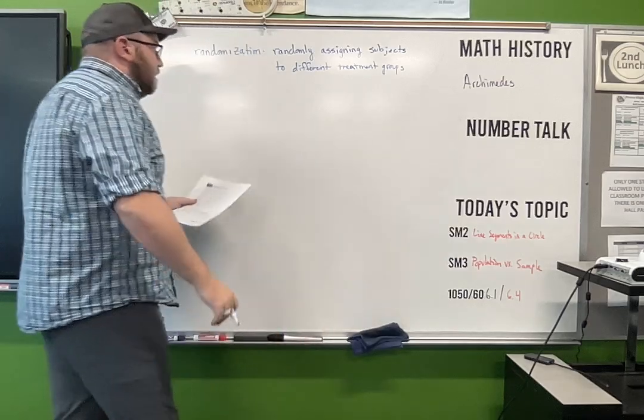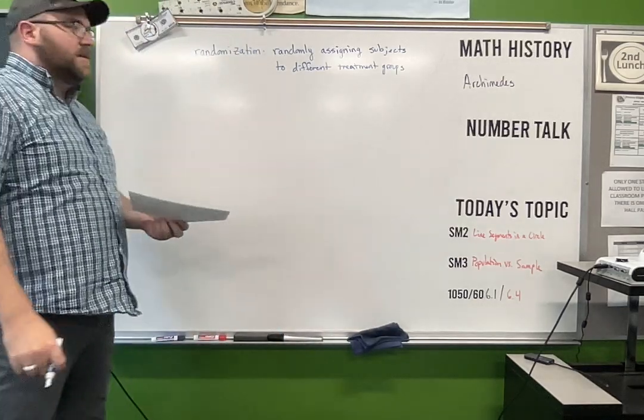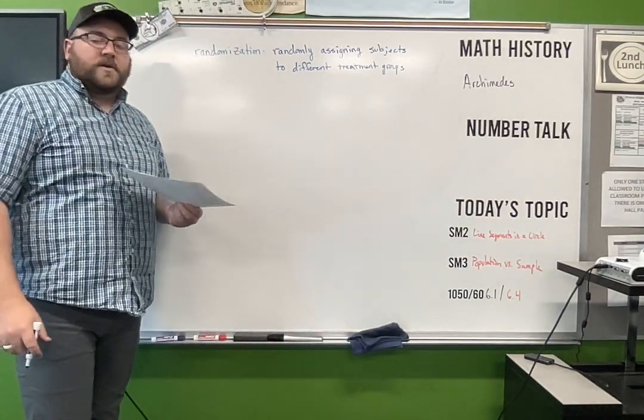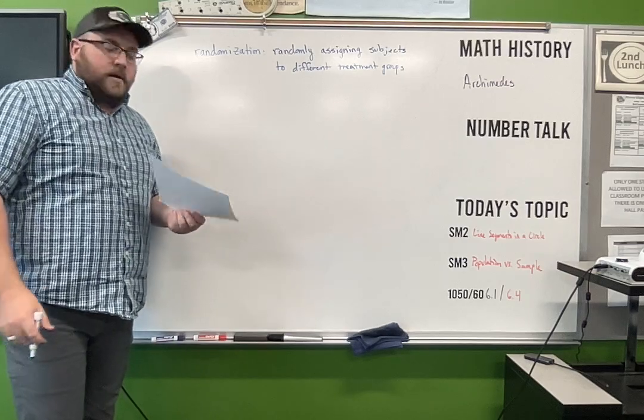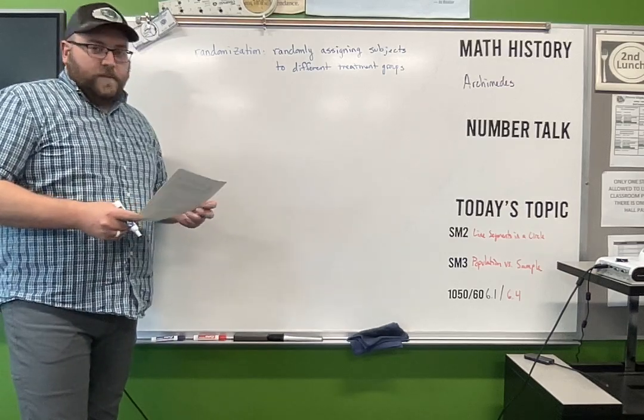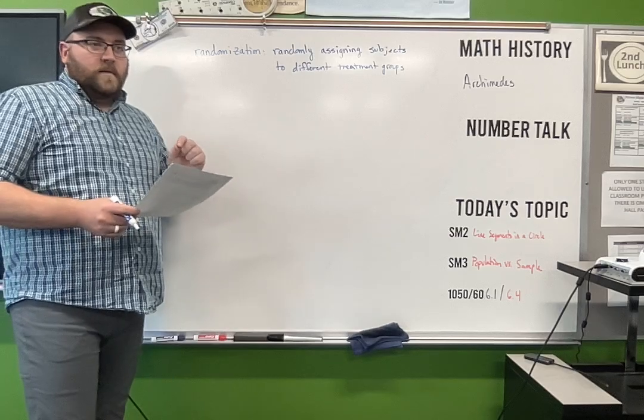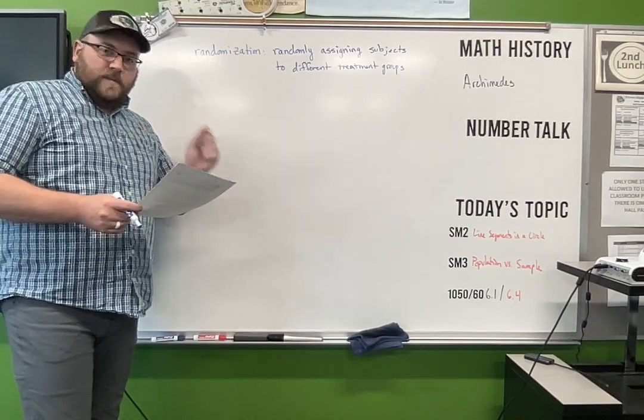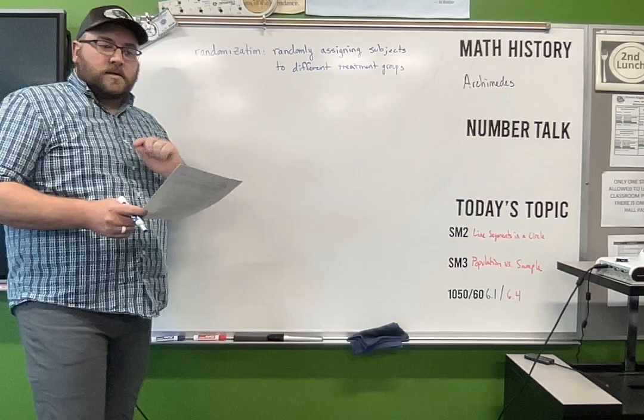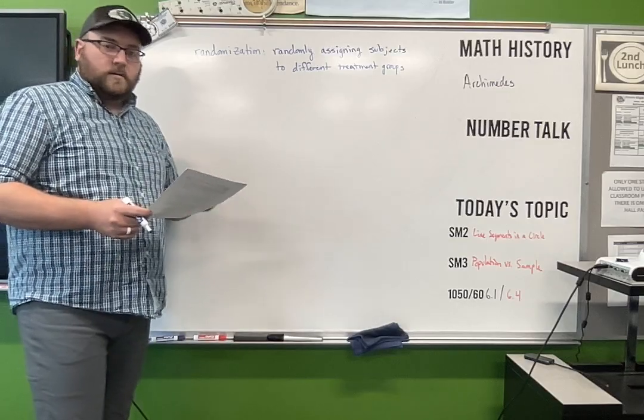Okay. So randomization is important because if you don't randomize things, then you don't know if the treatment's actually working, right? Like if you're picking specific people, then you don't know if the treatment's working or if your own bias is causing the treatment. Okay.